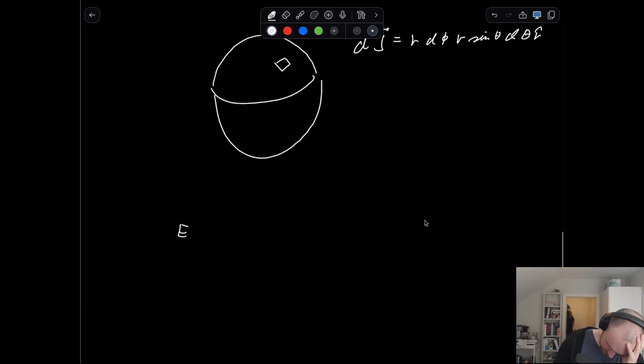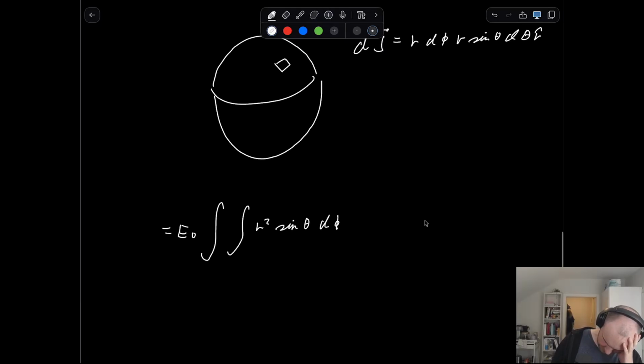Now we can just write it. We have the same thing again, E0, and we have two integrals. I'll do d phi first. So r squared sine theta, and then d phi d theta.